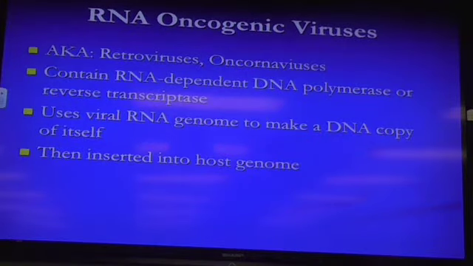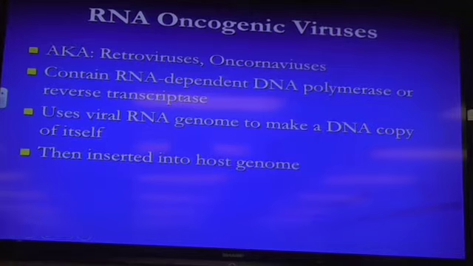Okay, RNA oncogenic viruses are also known as retroviruses or oncornaviruses. And so if you see that, it means the exact same thing. Oncorna came from onco RNA, so oncogenic RNA virus.